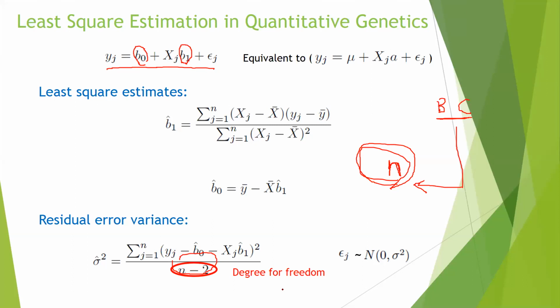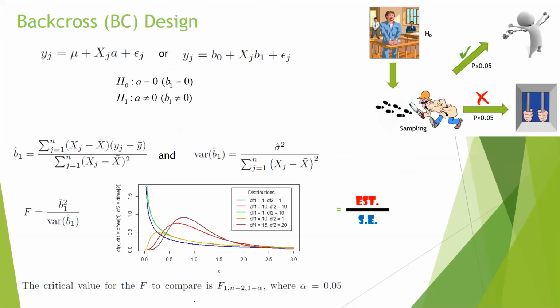For example, if you collect n progeny from the backcross design, you have n pieces of independent data points, then the initial degrees of freedom is n. If you use this data to estimate the two parameters, B0 and B1, then you lose 2 degrees of freedom. So finally, you only have n-2 degrees of freedom. All right, very good.